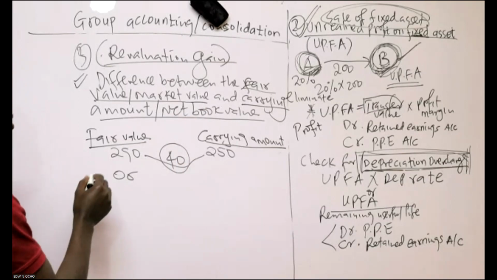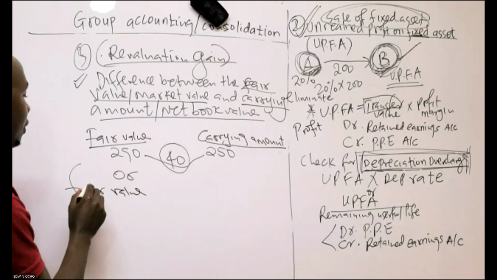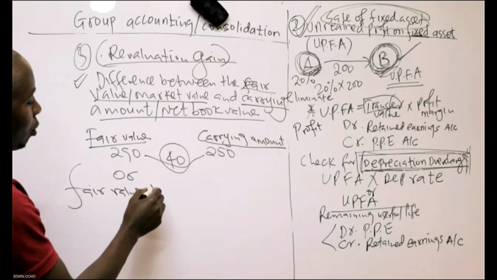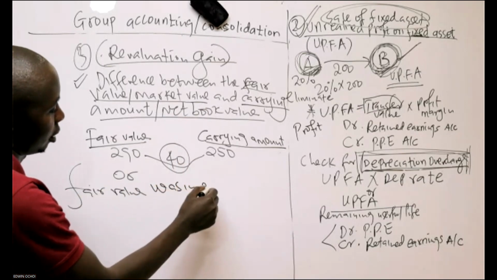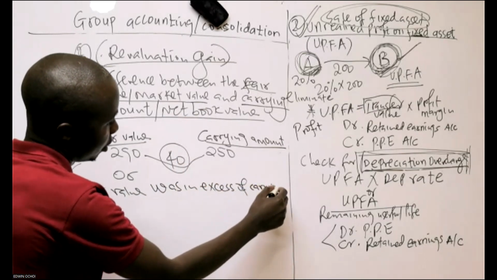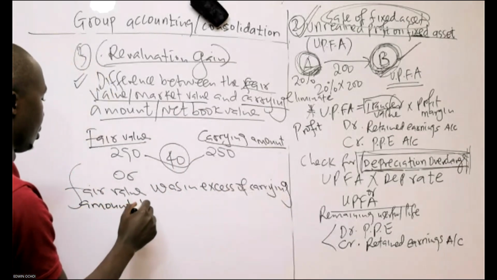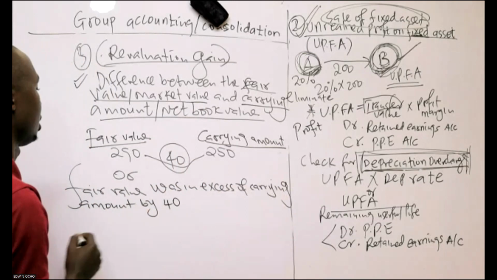They will say the fair value of the relevant asset, remember the asset is the one which will be revalued, the fair value was in excess of carrying amount by 40. See, that is a revaluation gain.